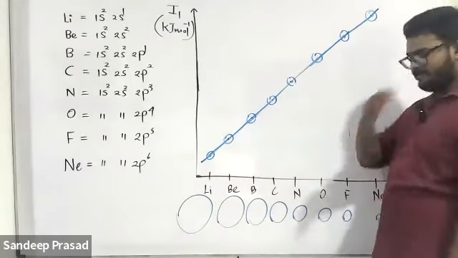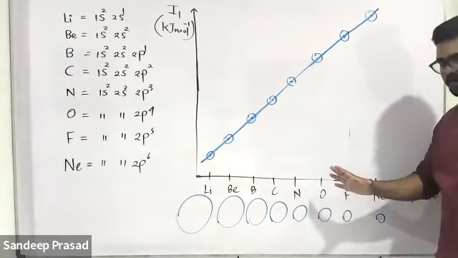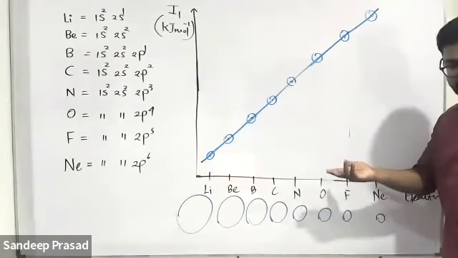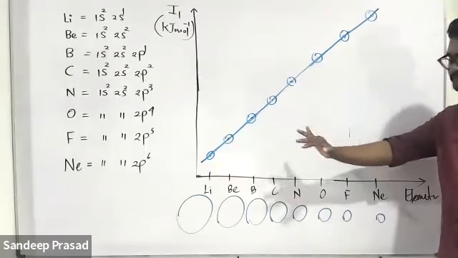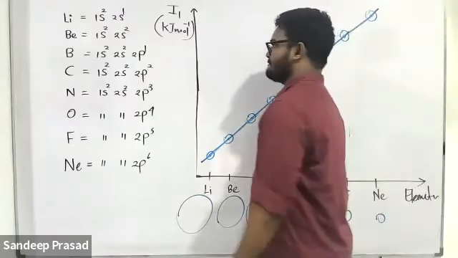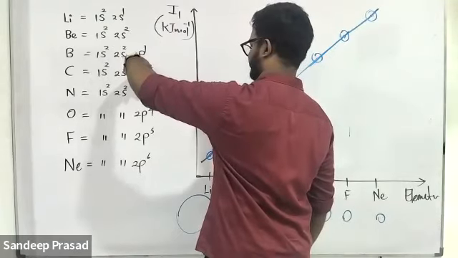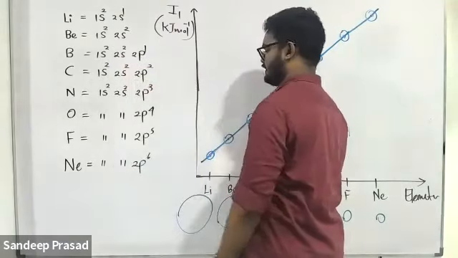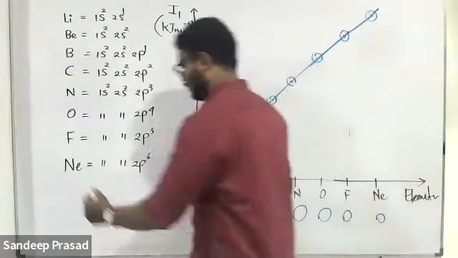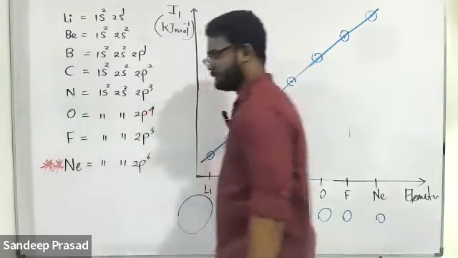Students, when I'm drawing this graph, you can see that I have considered only the radius. I didn't give priority to the electron configuration. So what are the electron configurations? 2s1, 2s2, 2p1, 2p2, 2p3, 2p4, 2p5, 2p6. Among these, which one is the most stable? Neon. Neon is the most stable one.